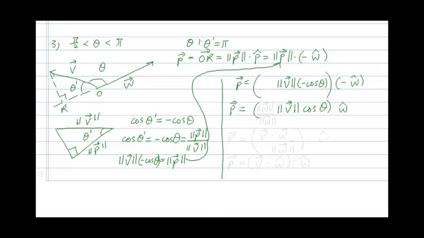We multiply inside the parentheses by the magnitude of vector w over itself. Then vector p becomes vector v dot vector w divided by the magnitude of vector w times the direction of vector w. Vector p equals vector v dot the direction of vector w times the direction of vector w outside the parentheses.